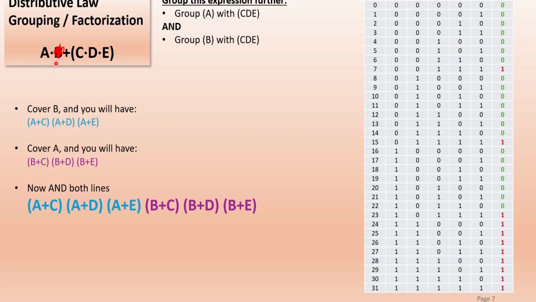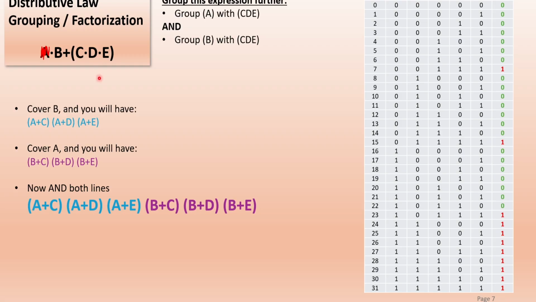And now we can do this. Erase that covering here. We're going to cover the A right now. Covering that, we do the same thing with the B, but instead of A, we're going to do B. So we're going to have B, C, B, D, B, E, in brackets.